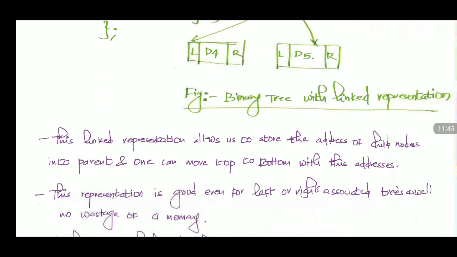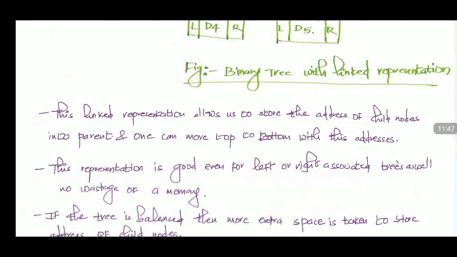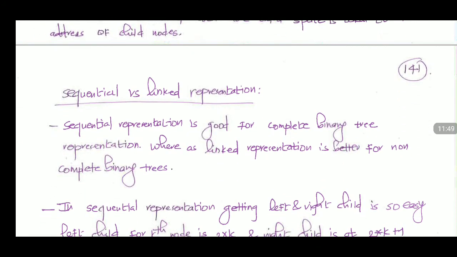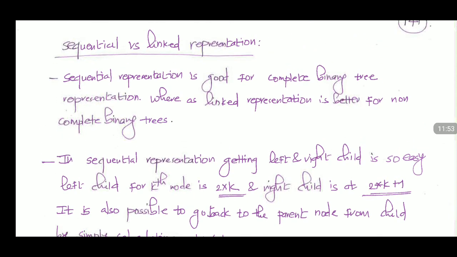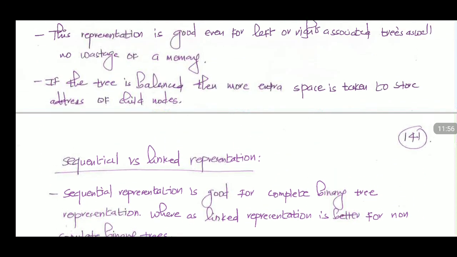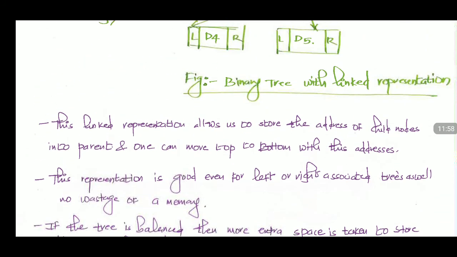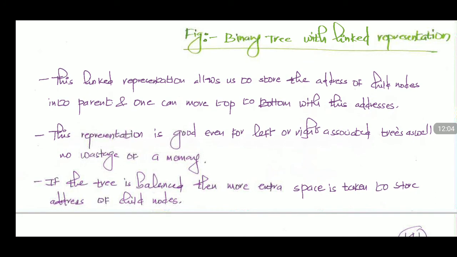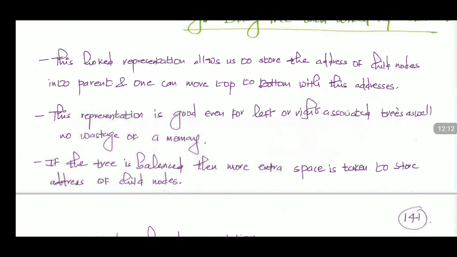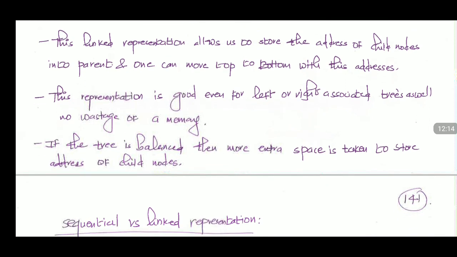But in the case of an array, it's not so. Now if it is a complete binary tree, then it requires more memory, so this representation is good for left or right associated trees, with no wastage of memory.